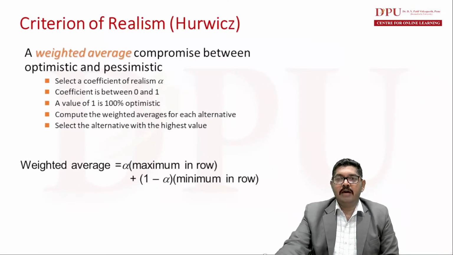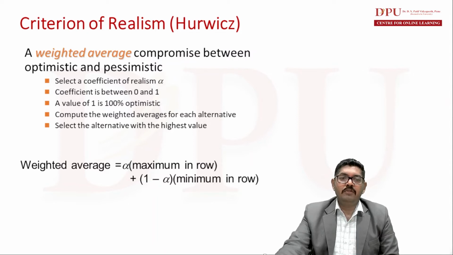And Hurwicz's approach is in between. A weighted average, a compromise between optimistic and pessimistic. We need to select a coefficient of realism, which is alpha, and the coefficient has to be between 0 and 1. If the value of this coefficient is 1, it is considered 100% optimistic, and this will be equal to maximax.